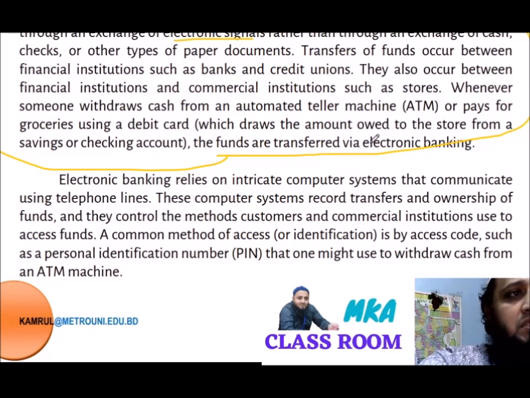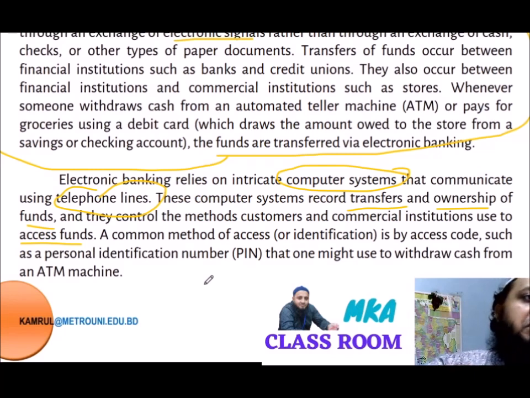From this definition we see that electronic banking relies on computer systems that communicate with telephone lines. These computer systems record transfers and ownership of funds, and they control the methods of customer and commercial interactions used to access funds. That means whenever you go to the ATM booth, the computer system also records your transactions whenever you withdraw your funds.